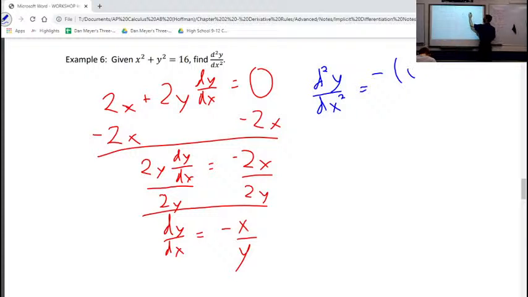Low, D high, derivative of x is 1, minus high, D low, derivative of y is dy dx.